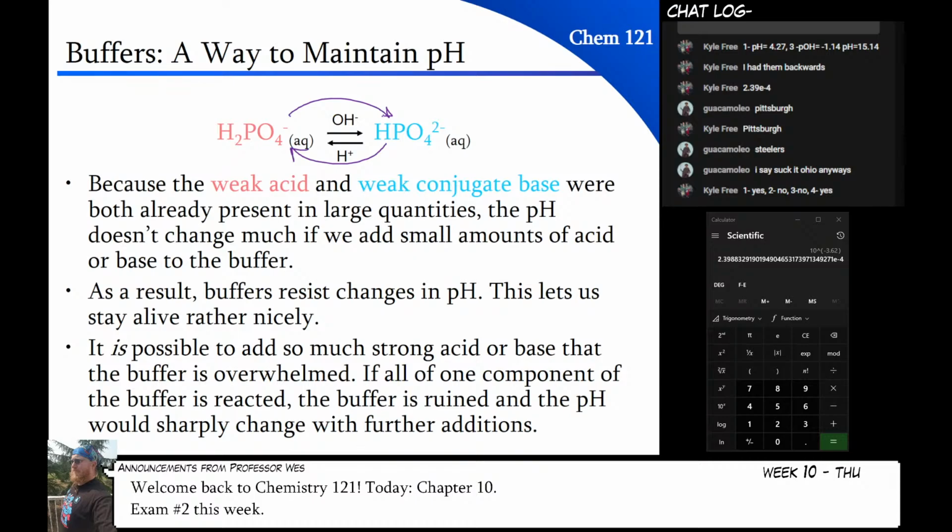The buffer does have a limited capacity. For instance, if I reacted entirely all of the KH2PO4, then if I added more acid to that, there would be no buffer left to react with, and the added acid would then just change the pH very, very rapidly.